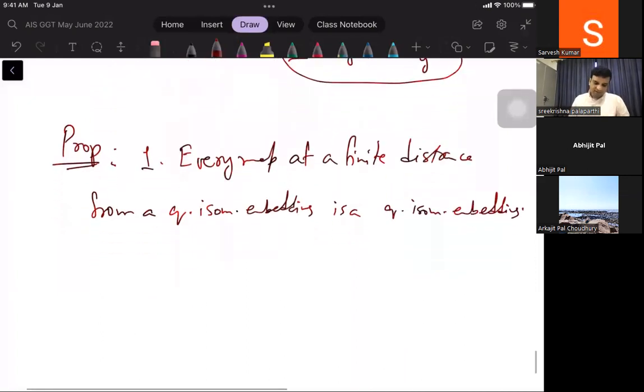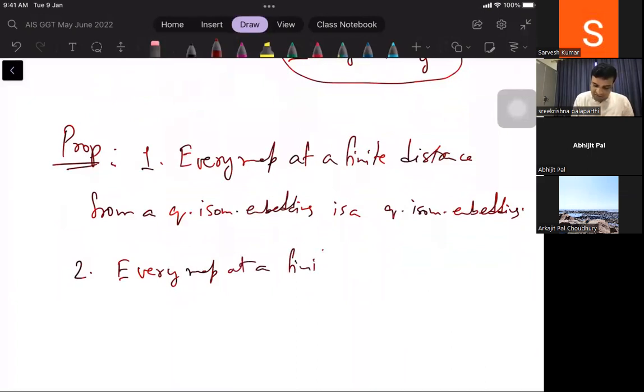That's intuitive enough, right? So every map at a finite distance from a quasi-isometry is a quasi-isometry.